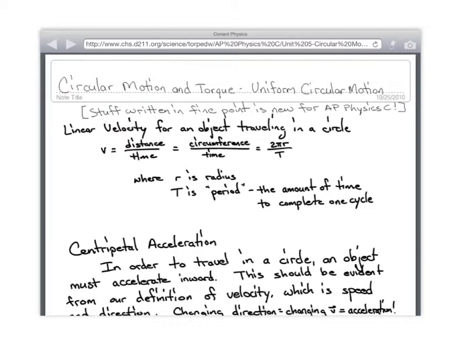How far you go is the circumference, and the time is the period. So, guess what speed around a circle is? Circumference divided by period, or 2 pi r over T. Do you guys remember that from last year? All right, cool.